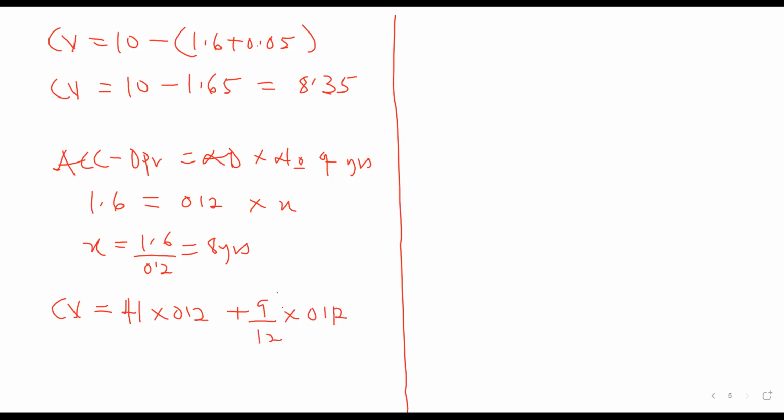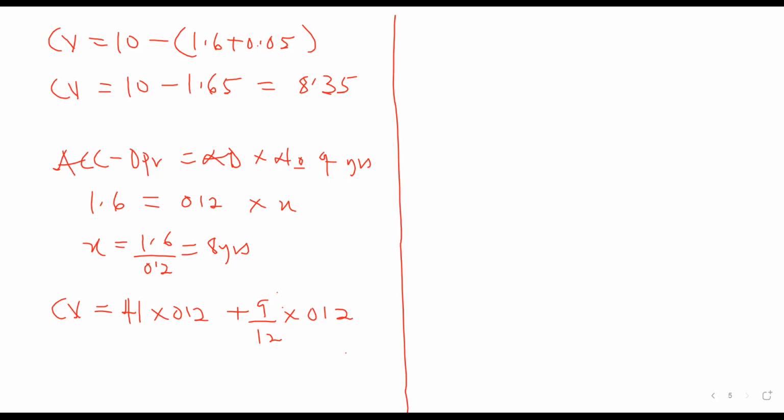Why am I saying 9 over 12? We have already used 3 months of the full year. So you can also calculate the carrying value like this. It means that the remaining carrying value will be used for 41 years and 9 months, and every year we are using 0.2. So what will be the total amount? You'll be getting the 8.35, the same value. You can try it and see, 41 times 0.2.